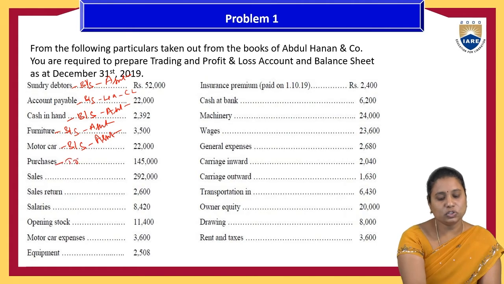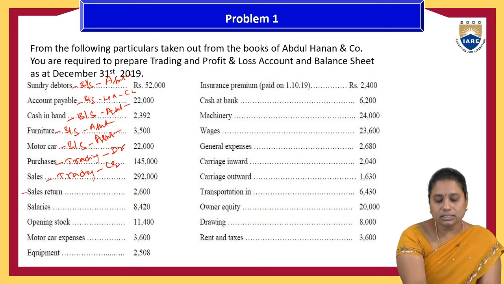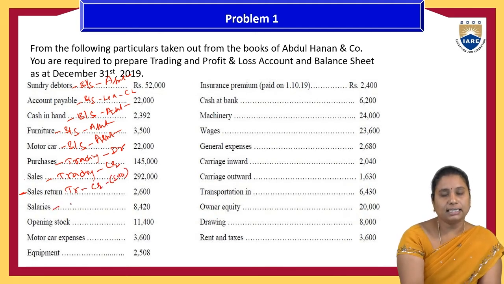Purchases, it is the trading account, on the debit side because it is an expenditure. Sales account, trading account, on the credit side. And sales return, it is less from the sales, trading account and credit side, but we have to subtract it from the sales. Salaries is an indirect expense, so profit and loss account, expenditure, debit side.